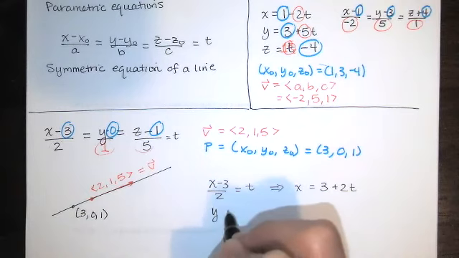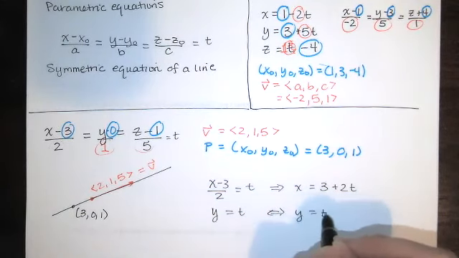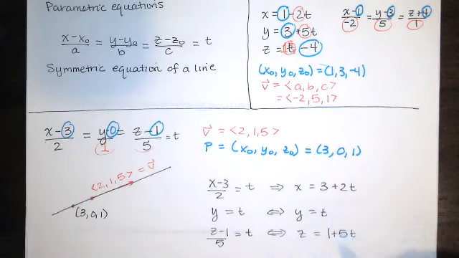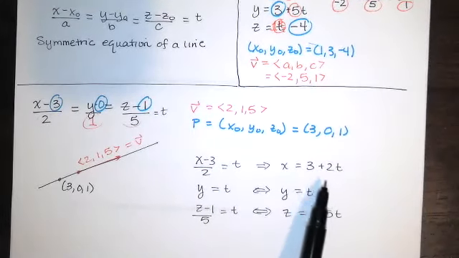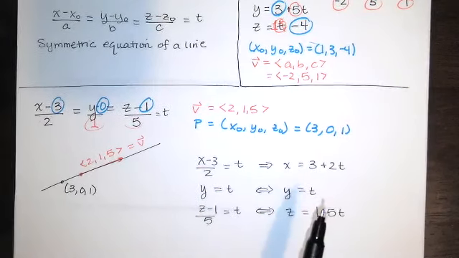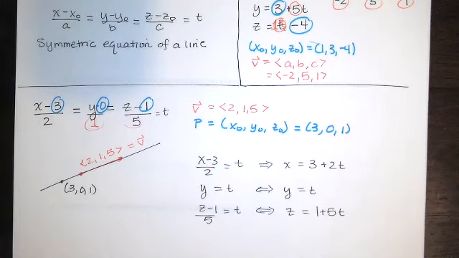And then we have y equals t, not much to do there. And then we have z minus 1 over 5 equals t, multiply both sides by 5, and then add 1 to both sides, and you get this. And then you see again, x naught, y naught, z naught is 3, 0, and 1. And the components of the direction vector are the coefficients of t, so 2, 1, and 5, which is exactly what we had there.